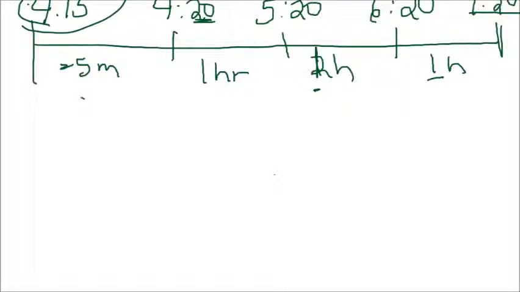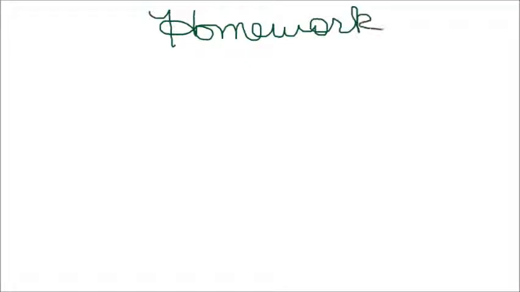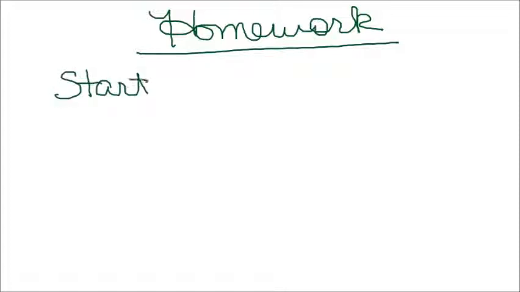Okay? Now, what I want you to do for your homework is I want you to look at an activity and get a start time that you have, what time you started, and then keep track of how long you did it.